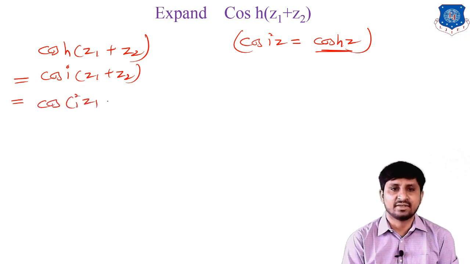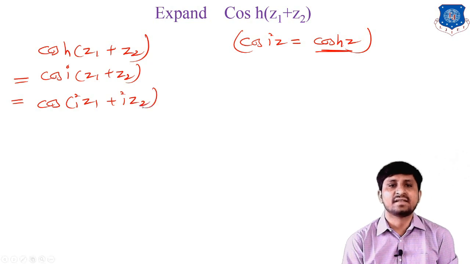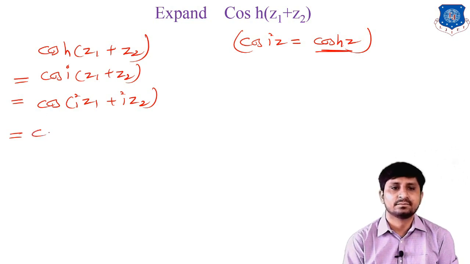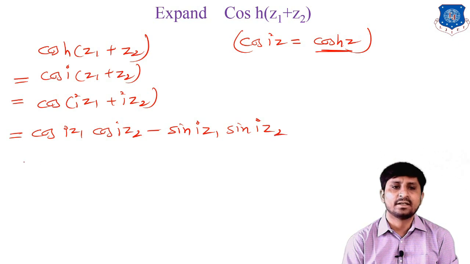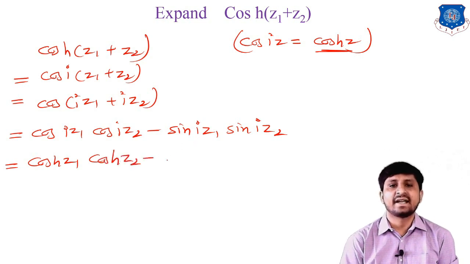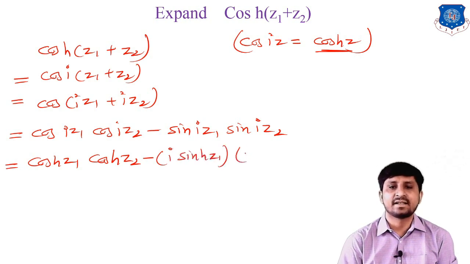So we have cos of i z1 plus i z2, and that can be written as cos alpha plus beta, that is cos alpha cos beta minus sin alpha sin beta. So that is cos i z1 cos i z2 minus sin i z1 sin i z2, and that is equal to cos i z1, that means cos hyperbolic z1, cos i z2, that is cos hyperbolic z2, minus sin i z1, that is i sin hyperbolic z1, and sin i z2, that is i sin hyperbolic z2.